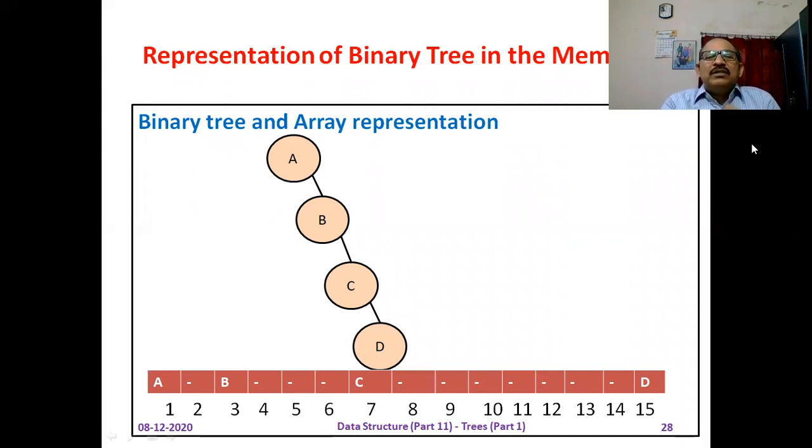And this is one of the drawbacks of array representation of binary tree in computer memory. Implicit array representation of binary tree in a computer memory. As we have already told you, this implicit array representation is not useful to store a left skewed or the right skewed binary tree. Okay.